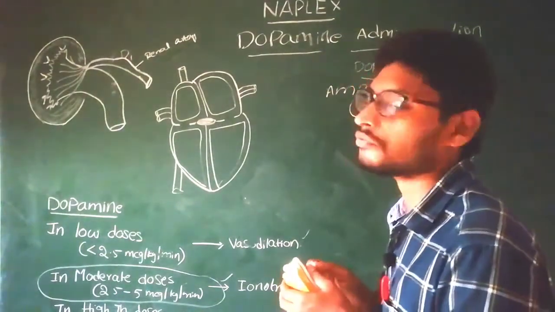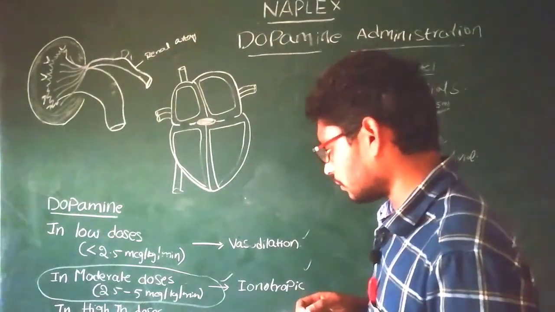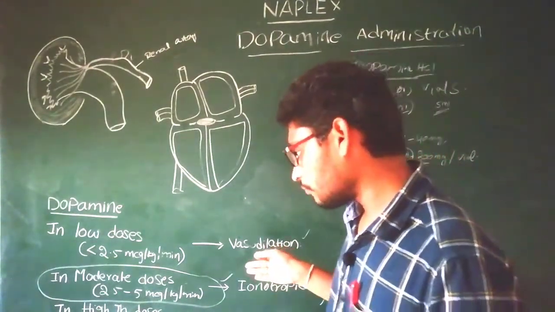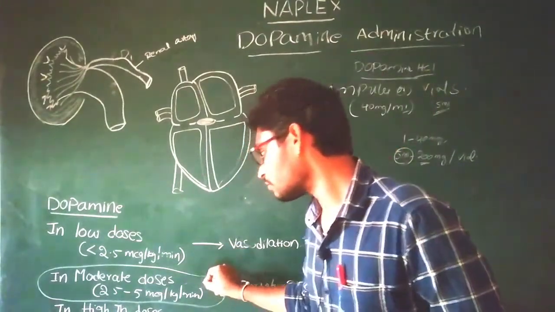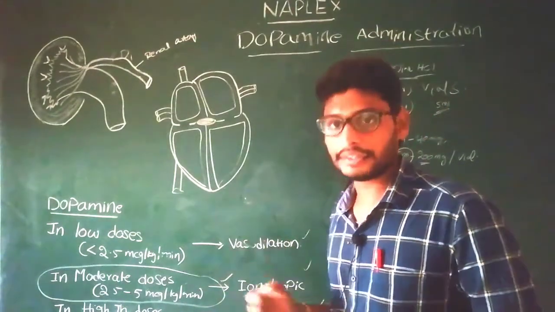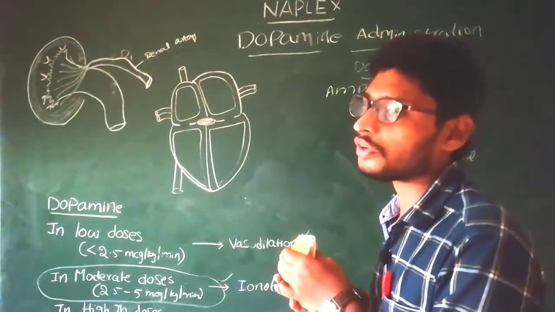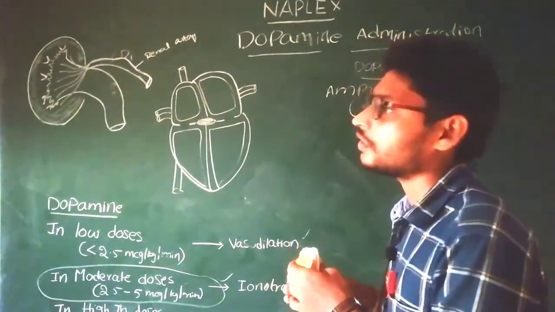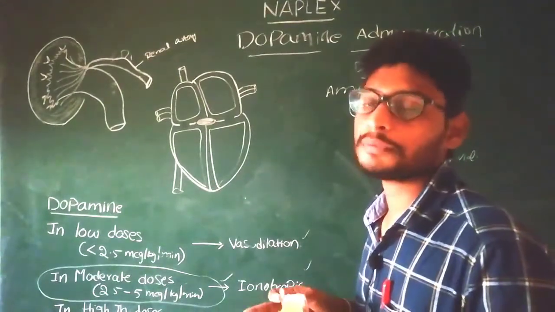The preferred dose of dopamine for treating persistent hypotension is 2.5 to 5 micrograms per kg per minute. We are not going to administer this directly. Before administering, we have to check whether the patient was already given plasma expanders.